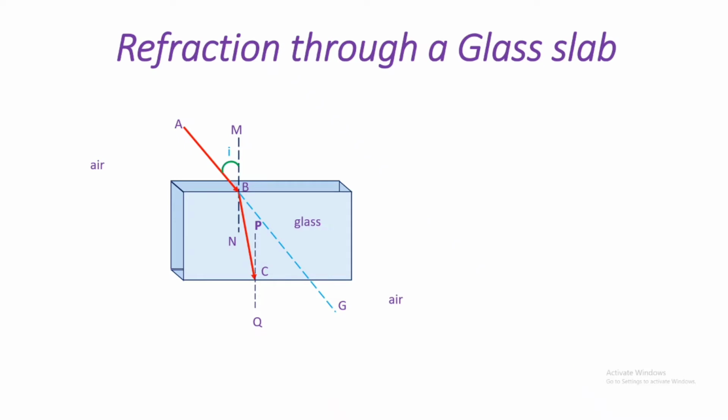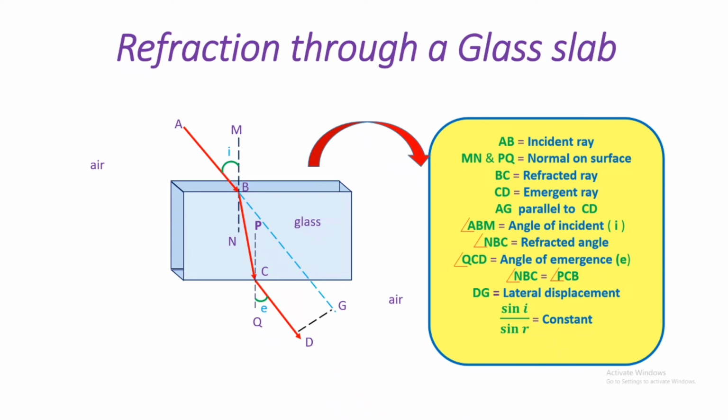PQ is the normal at point C. So light bends away from the normal and takes the path CD. And the distance DZ is called lateral displacement. And CD is parallel to AG.